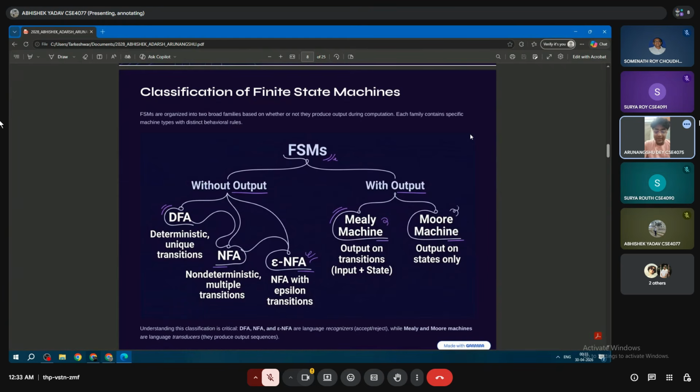First is FSM. Here in the FSM, we have two routes, without output and with output. In without output, we have DFA, NFA, and lambda NFA. And with output, we have Mealy machine and Moore machine. Next slide, please.